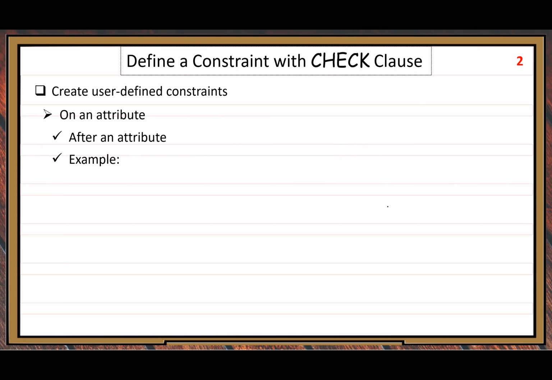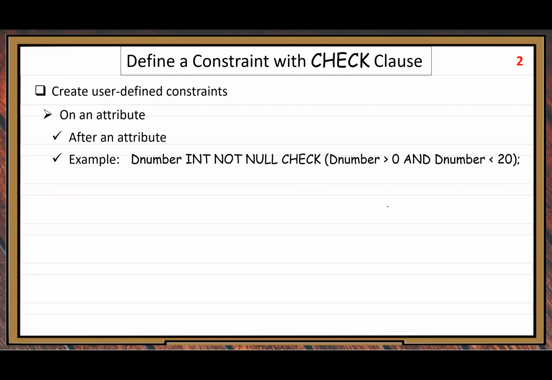So let's look at this example. From now on, all these examples are based on the company database. I haven't uploaded that one, but when I go home today, I will upload that database script, the company database .SQL file.